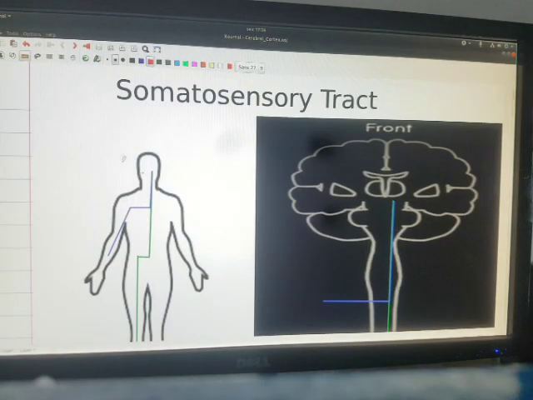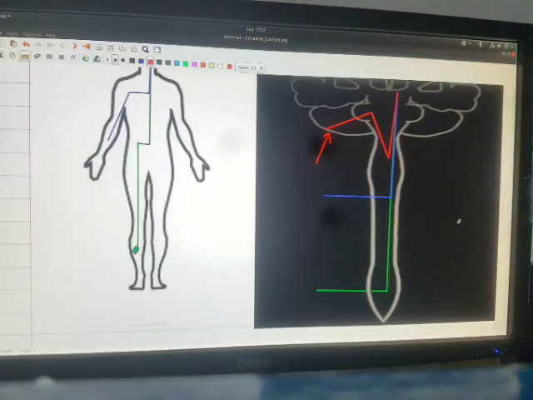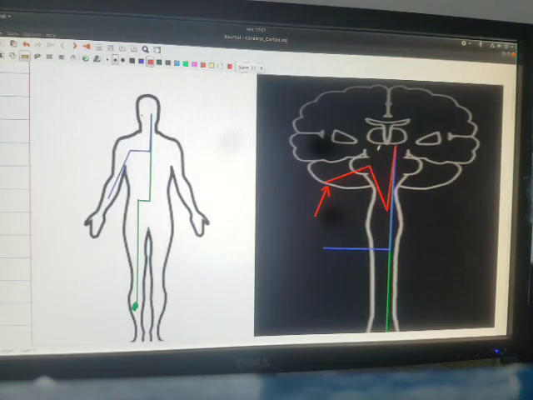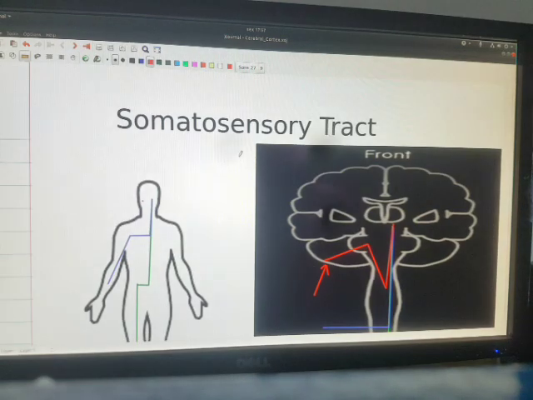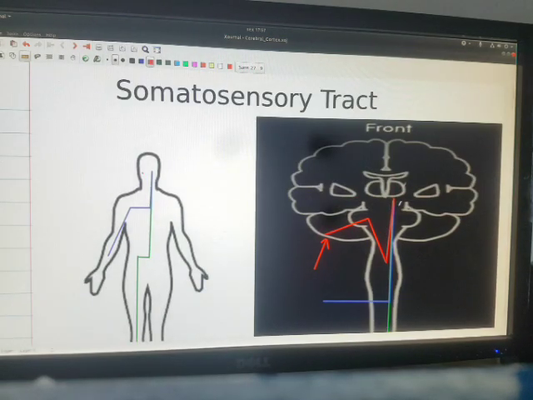What will happen is it goes to the cerebrum, and when it comes here, it will go to here, and then it goes down, and then it goes up. And why does it go down? That is because all the sensations have to pass through the spinal cord, so that's why it goes down and then goes up. And yeah, this is the somatosensory tract.